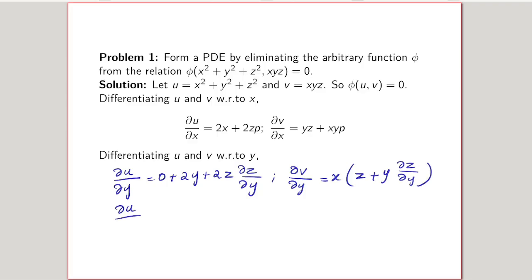So dou u by dou y can be written as 2y plus 2zq, and dou v by dou y is x into z plus yq.